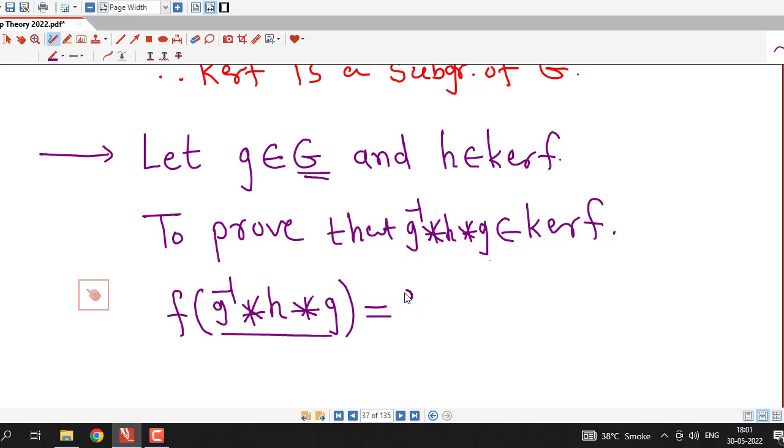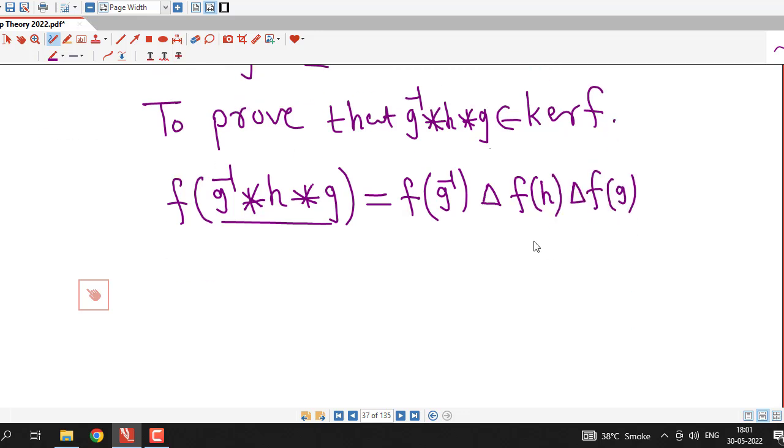For this also I will use the definition of homomorphism. This is equal to F of g inverse delta F of h delta F of g, because F is a homomorphism, using the definition of homomorphism I have written this step.